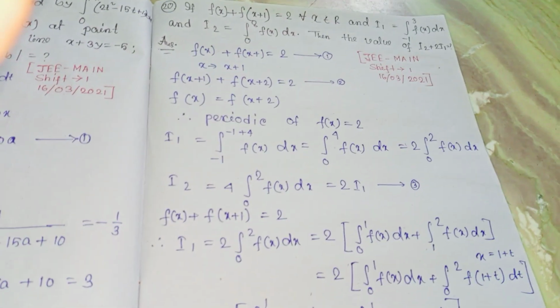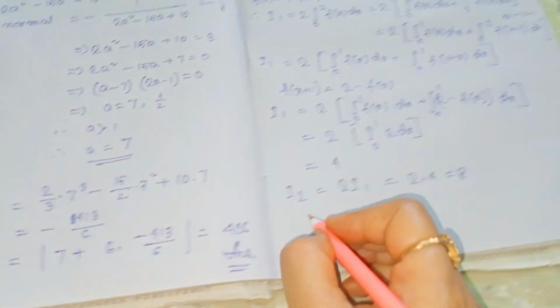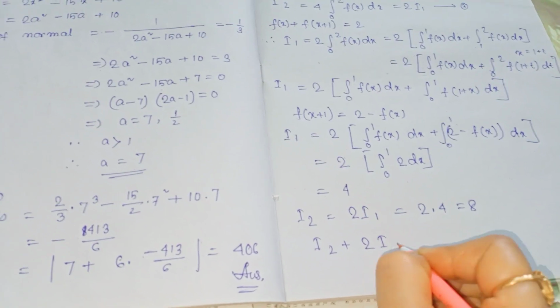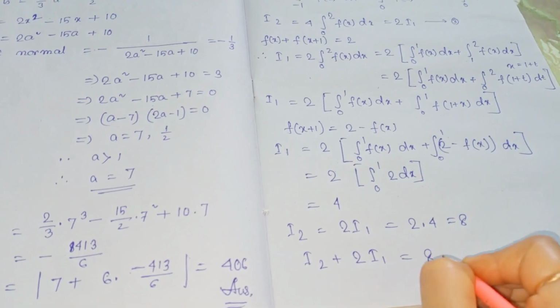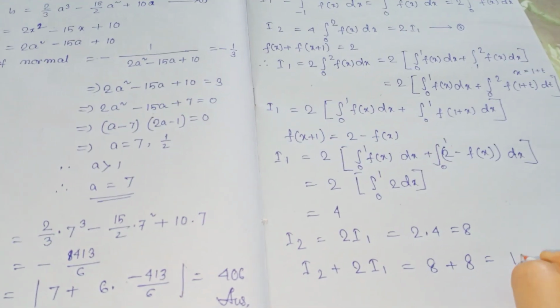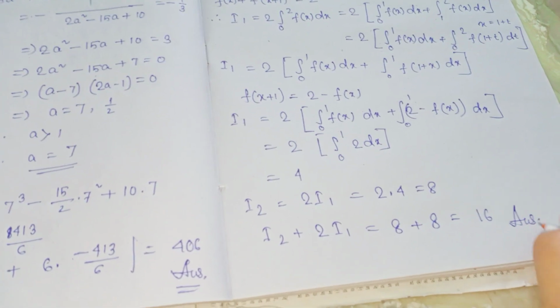Now we should calculate the value of I1 + I2, which is I2 plus twice I1, that is equal to 8 plus 8. So it is 16. This is our required value.